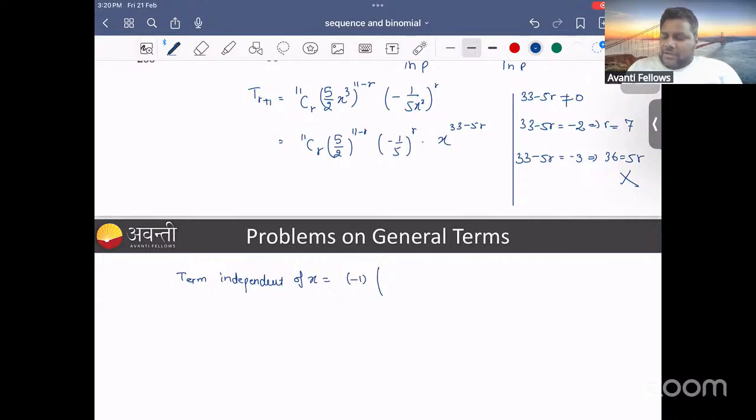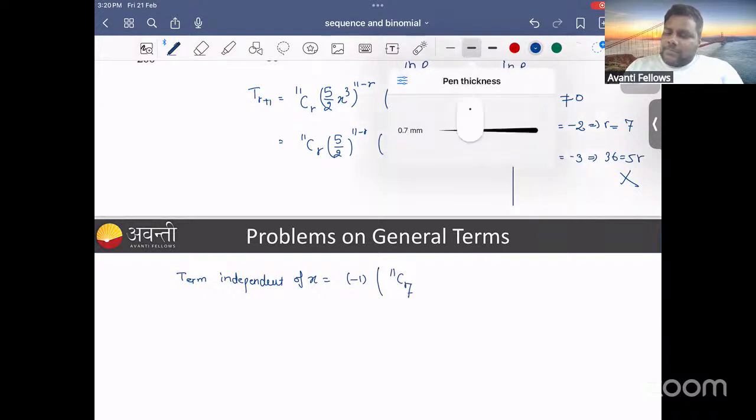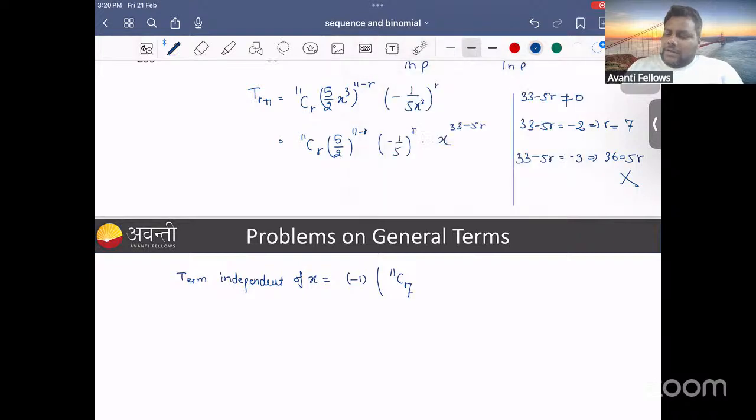So that would be 11C7 (5/2)^4 and (-1/5)^7. Agreed?